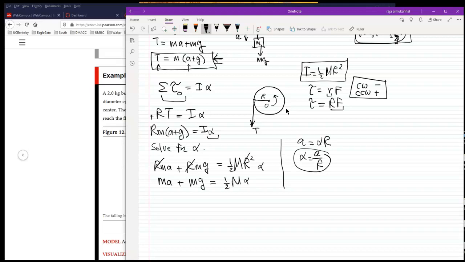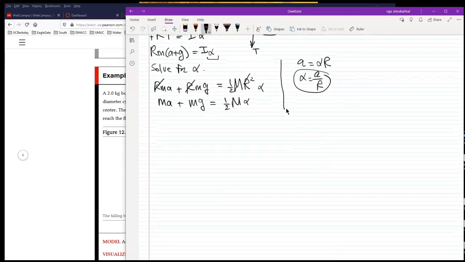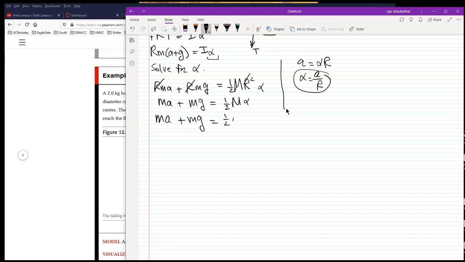So now I can plug it in there. So it becomes MA plus MG. Remember, those M's are for the bucket. Equals 1/2 big M A over R. And now all I need to do is solve for A. Basically, just do the algebra and get the value of A. When you work it out, you're going to get this one.